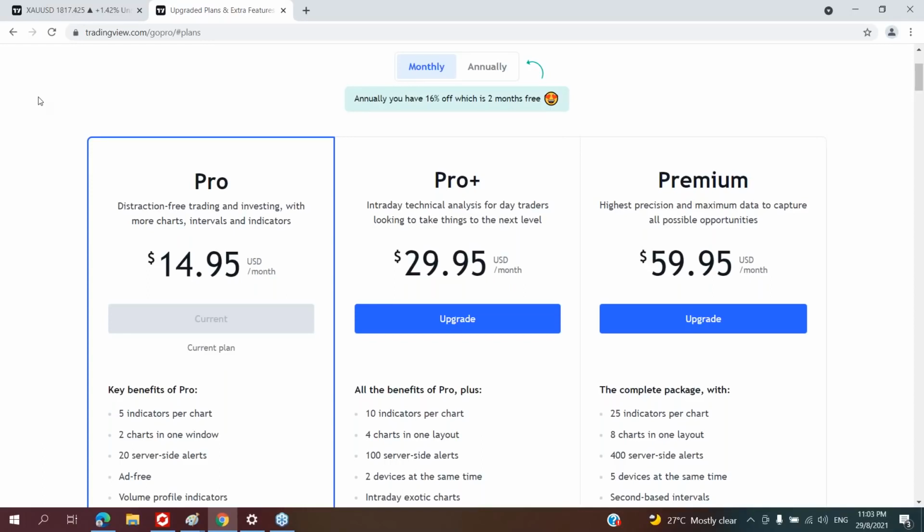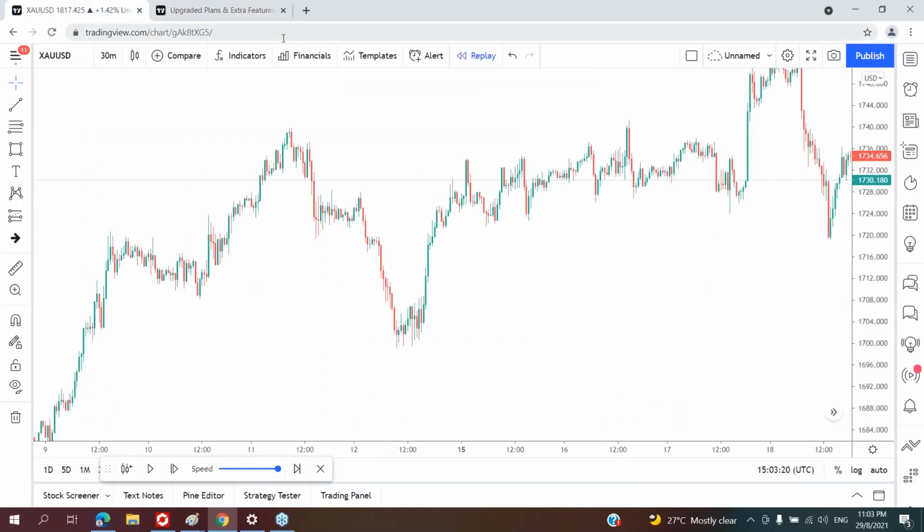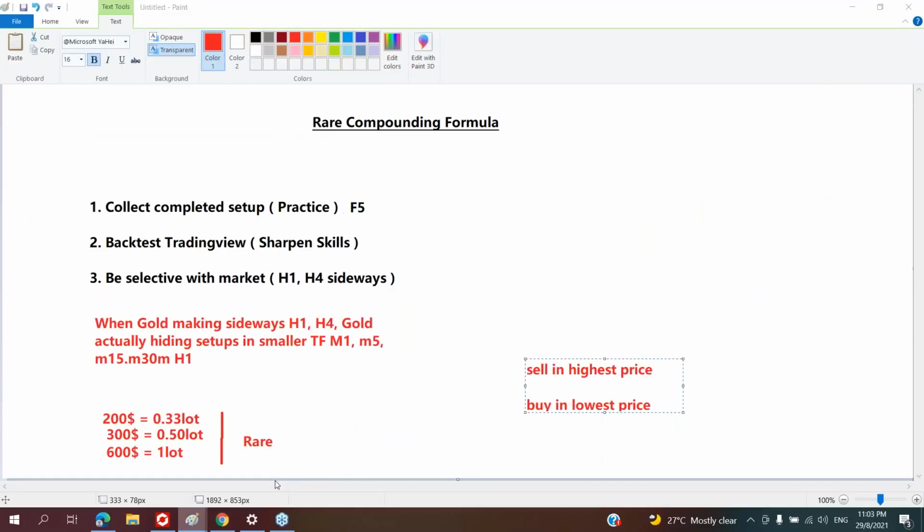You just need one to two months to sharpen your skills. Then you can just give it a go. Late retest is riskier than quick retest. Yes. So that's why I prefer quick retest.